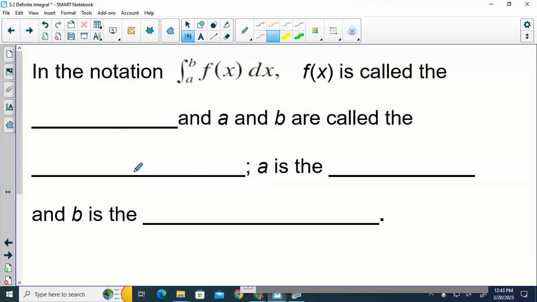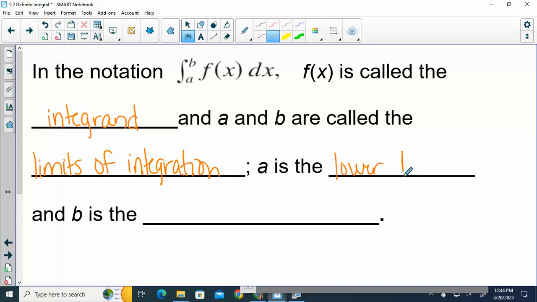Just some notation things. f of x is the thing we are integrating, so it's called the integrand. a and b are the limits of integration. a is the lower limit, our starting point, and b is the upper limit.